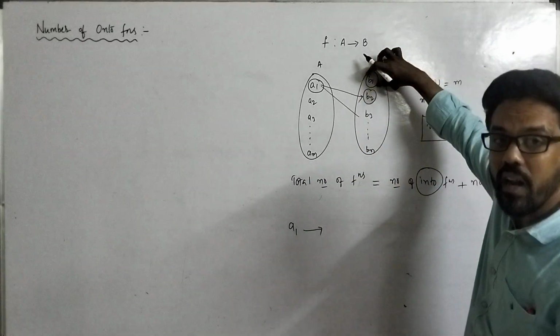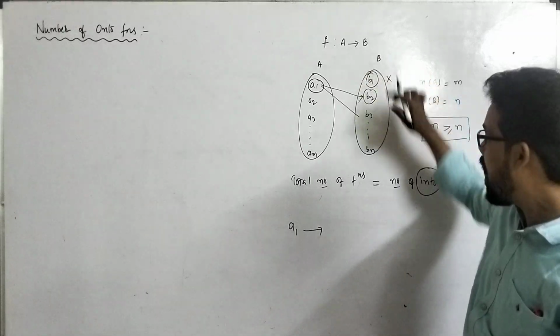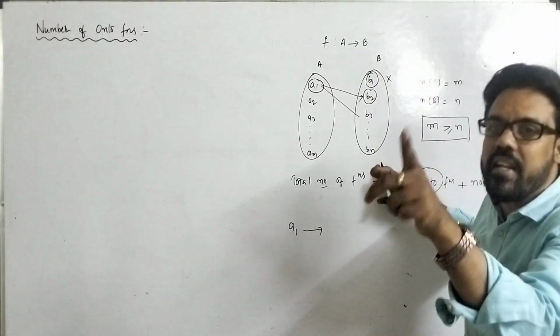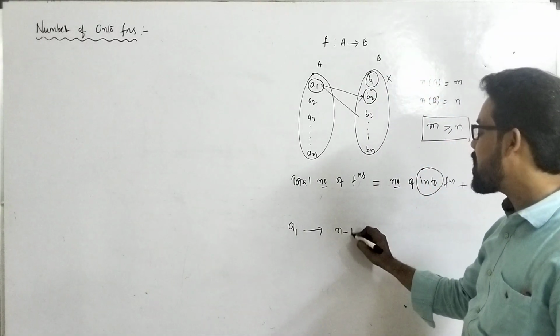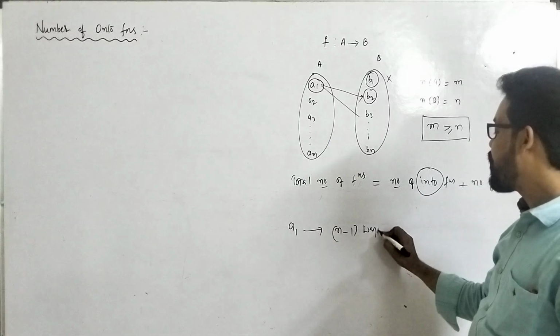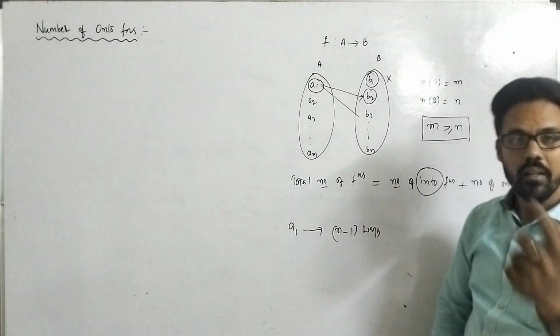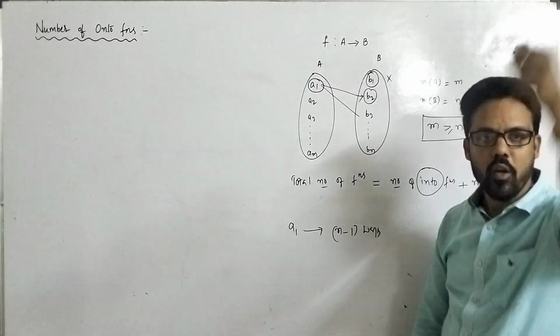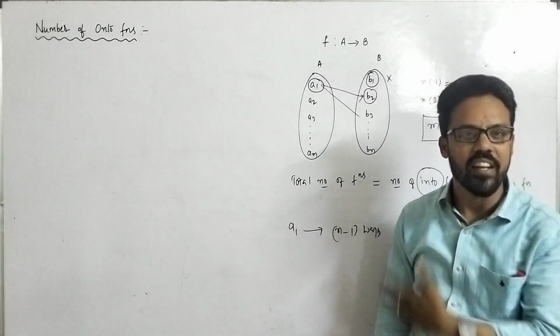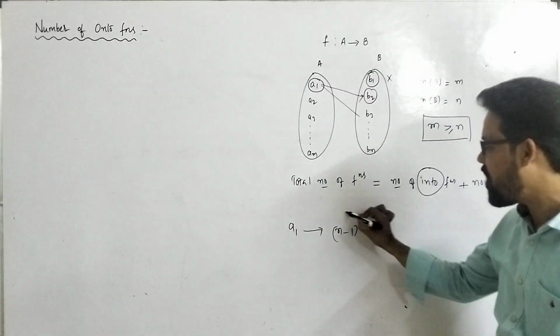Since we have left one element in the set B, out of n, one element is left, then n minus 1 ways. That means A1, B2; A1, B3; A1, B4; so on; A1, Bn. That can be done in n minus 1 ways.